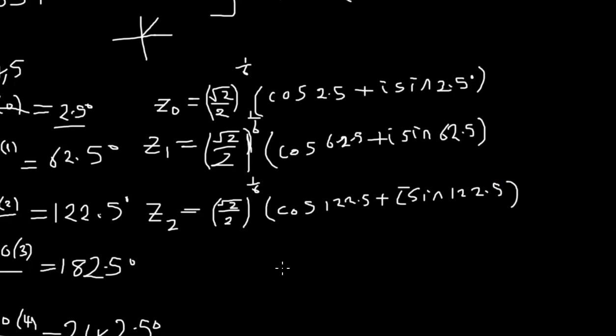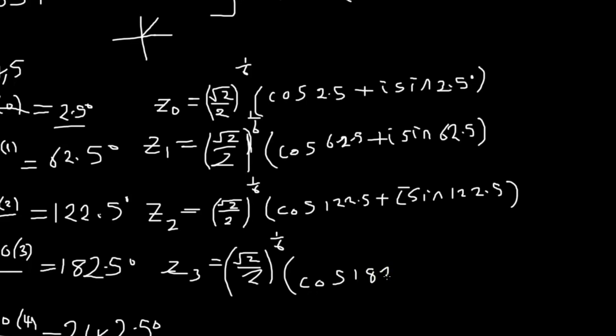Move on to Z3. So Z3 is equal to, you repeat the magnitude there, root 2 over 2, then everything to the power 1 over 6, then cos 182.5 plus I sine 182.5.